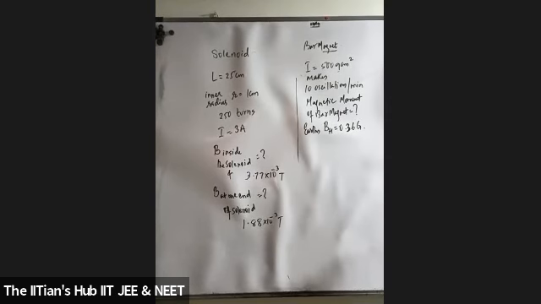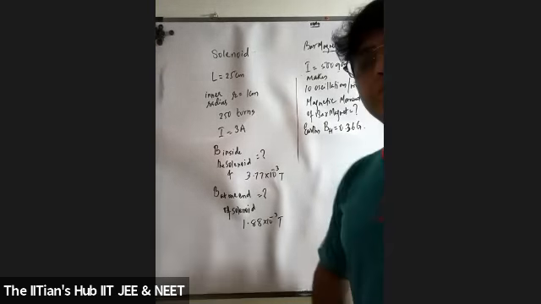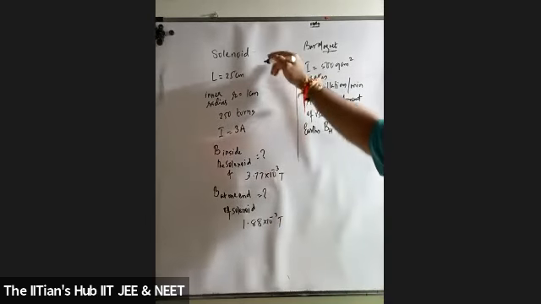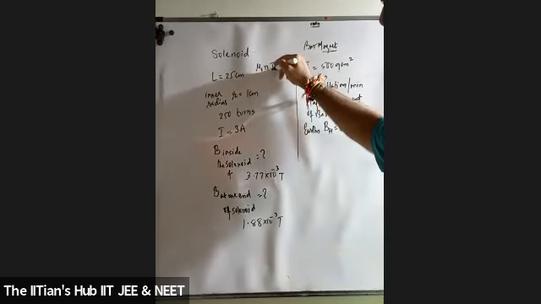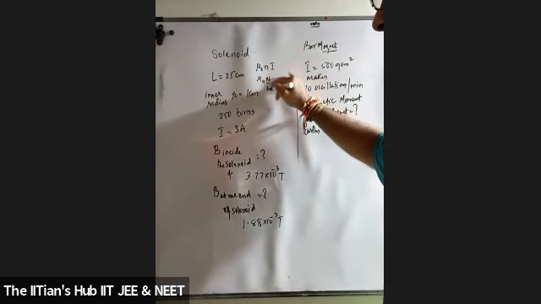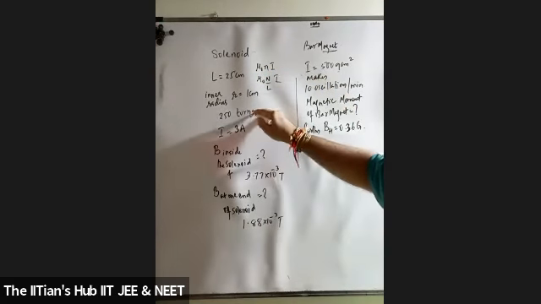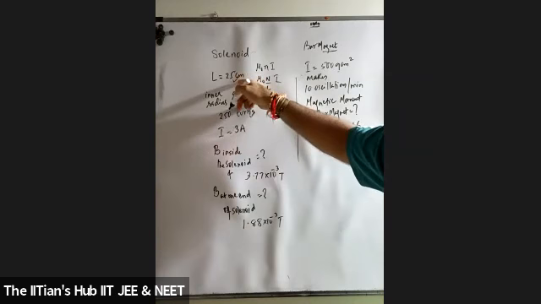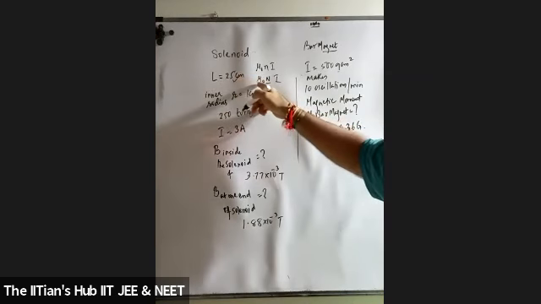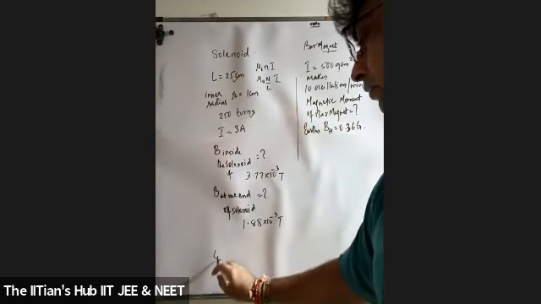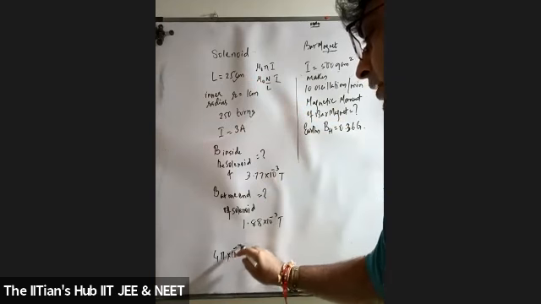Mu naught Ni. Of course. So are you getting it or you're not? I'm doing the first one. This is mu naught Ni, and n is number of turns per unit length. Number of turns is given to you as this. Length you convert from centimeter to meter. And mu naught is 4 pi into 10 raised to minus 7.